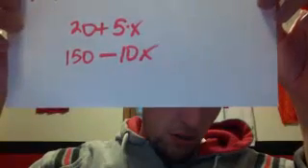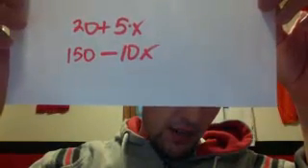For 3 weeks, I'd take 5 times 3, that's 15, and add that to 20. So basically I'm taking 5 times x, whatever the number of weeks is, and adding that to 20. For me, I'm taking 150 and subtracting $10 times the number of weeks. So there are the two expressions.